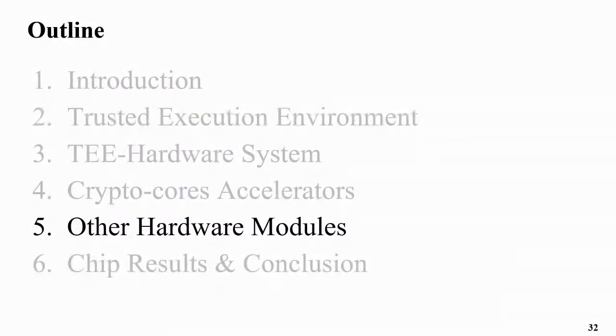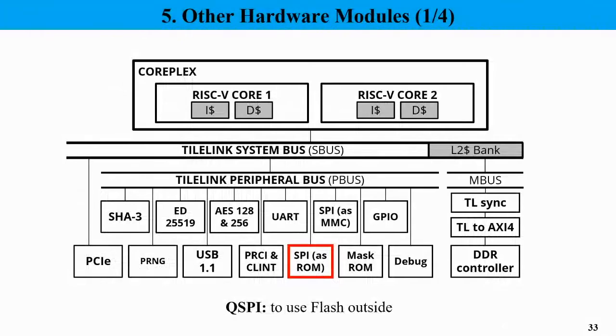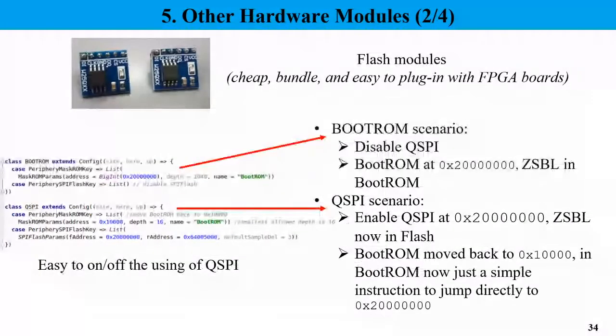The other hardware modules included are the QSPI, which hosts a flash external device. With this device, it's possible to do debugging faster because you can just upload multiple binaries. The system sets the RISC-V reset vector at the address 20 million. I will send it to the 20 million address, where the zero stage bootloader, or ZSBL, resides, where the actual root of trust is started.